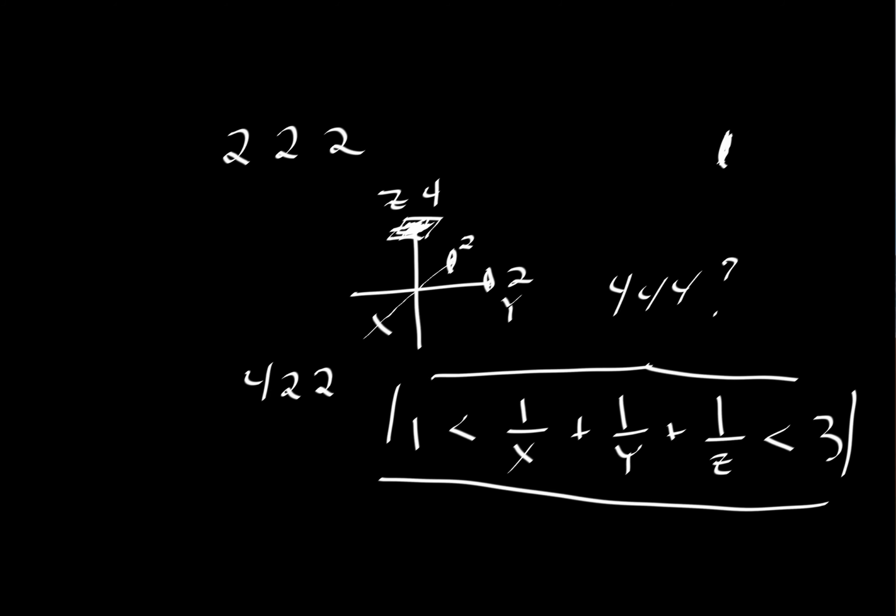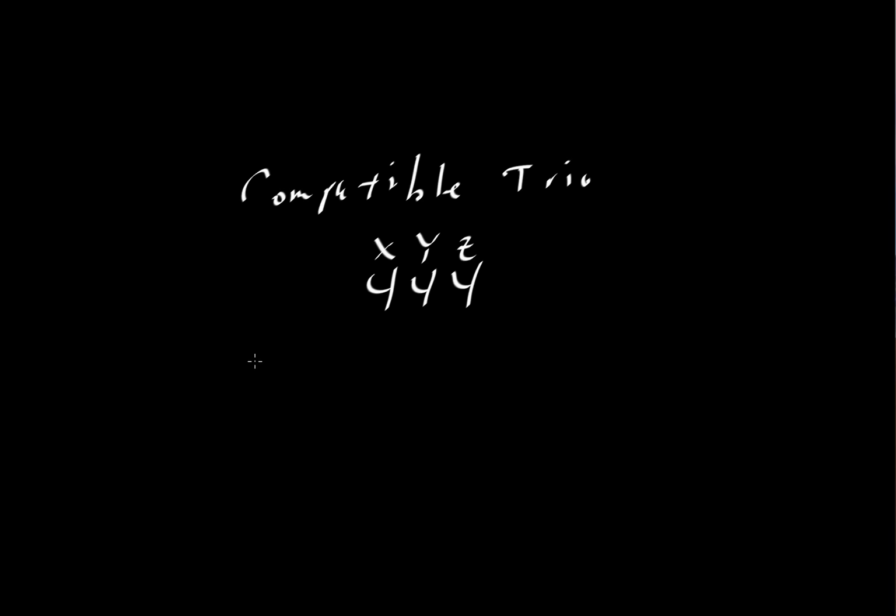So let's erase the chalkboard and take a couple of examples. So do we have a compatible trio in the case of 4, 4, 4? Well, this would be our x, y, and z. It doesn't matter what order we take them. So does it satisfy this relationship?